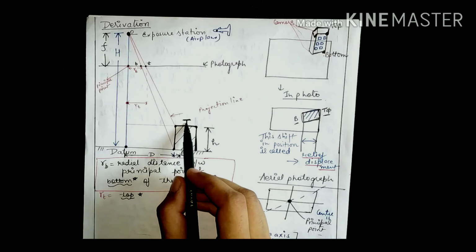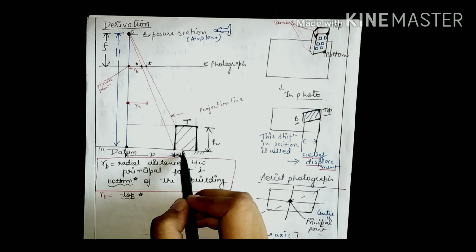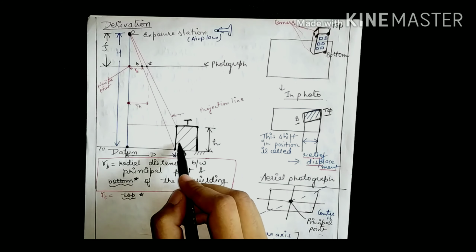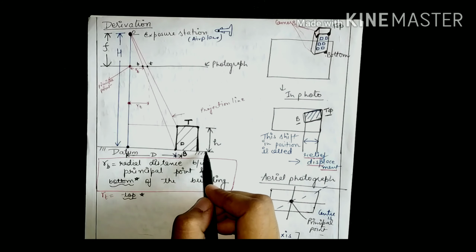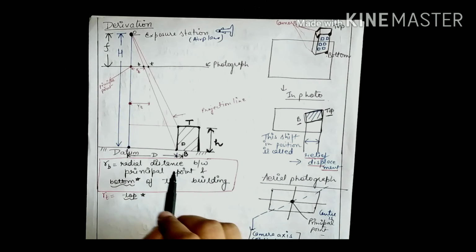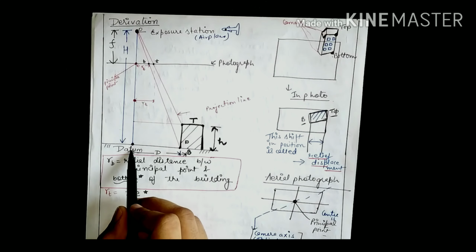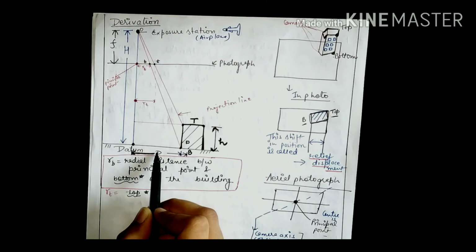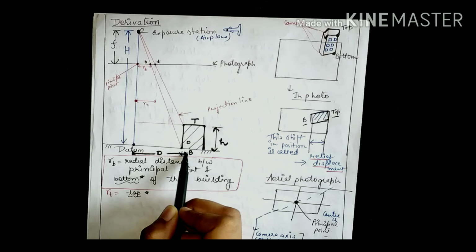The top of the building is denoted by T and the bottom by B. This is the height of the building, denoted by small h. This distance is capital D.